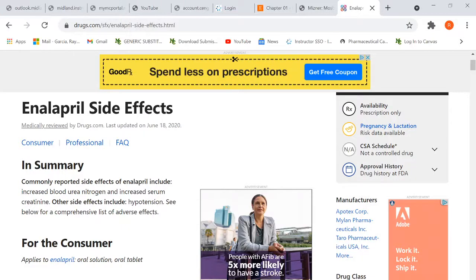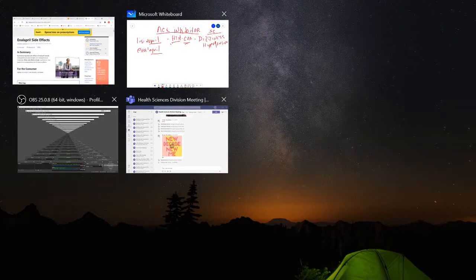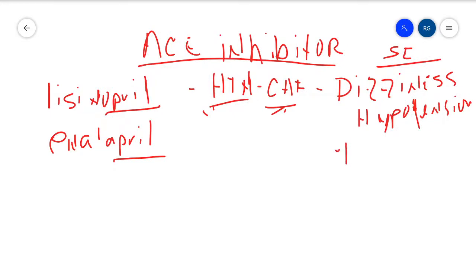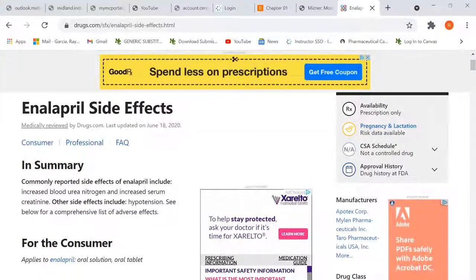We also saw that in the other one, so we'll put increased blood urea nitrogen and increased serum creatinine. That was also in the lisinopril.